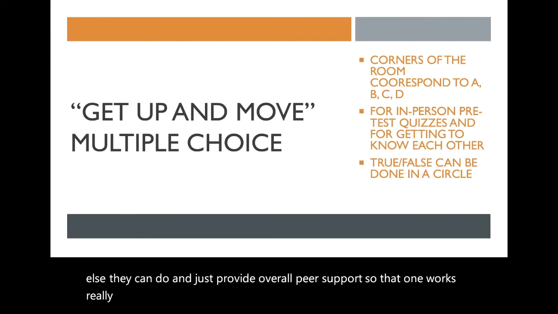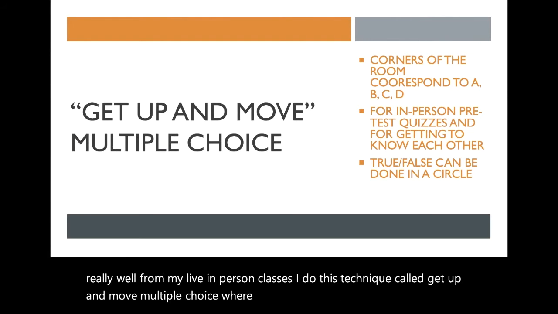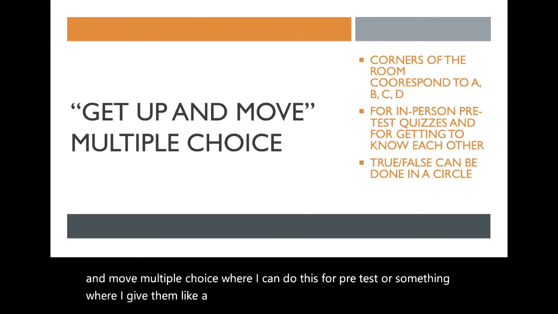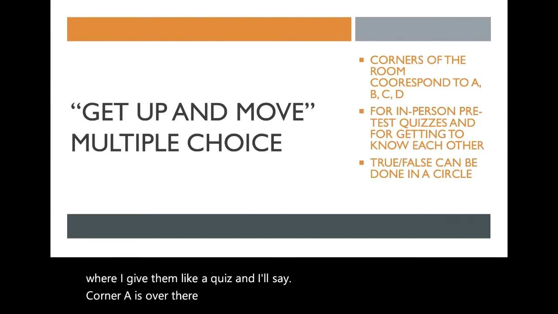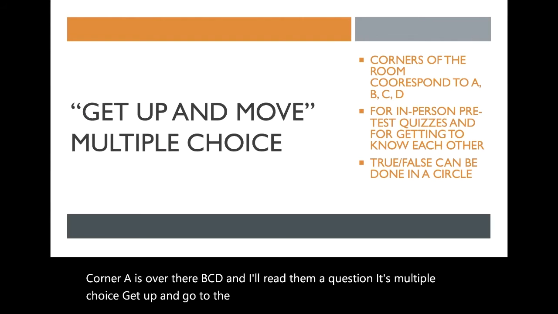For my live in-person classes, I do this technique called get up and move multiple choice, where I can do this for a pre-test or something, where I give them a quiz, and I'll say corner A is over there, B, C, D, and I'll read them a question. It's multiple choice. They go to the corner where they think the answer is.